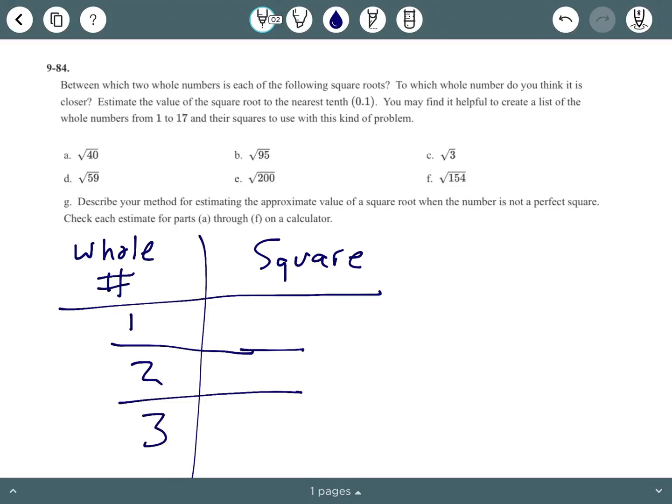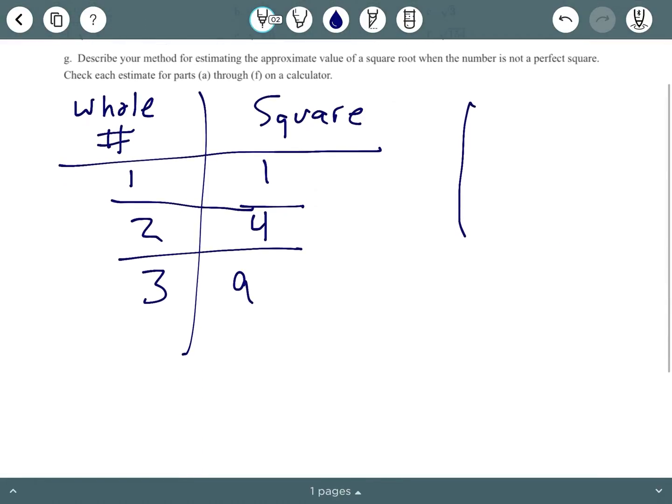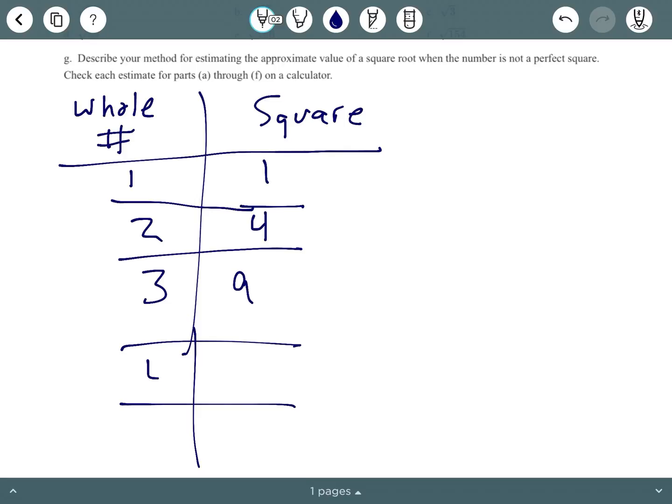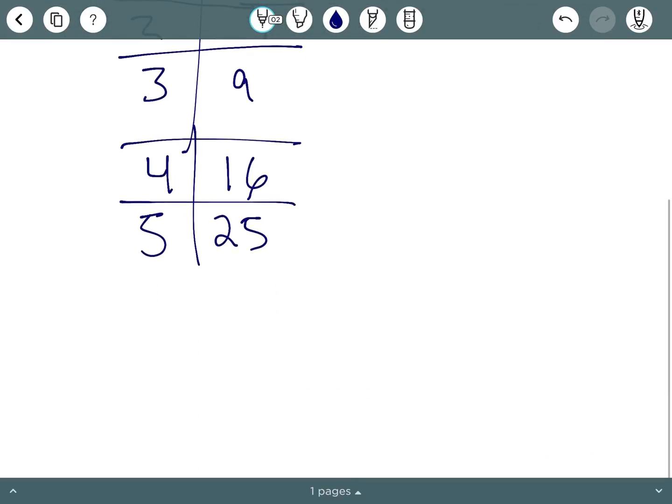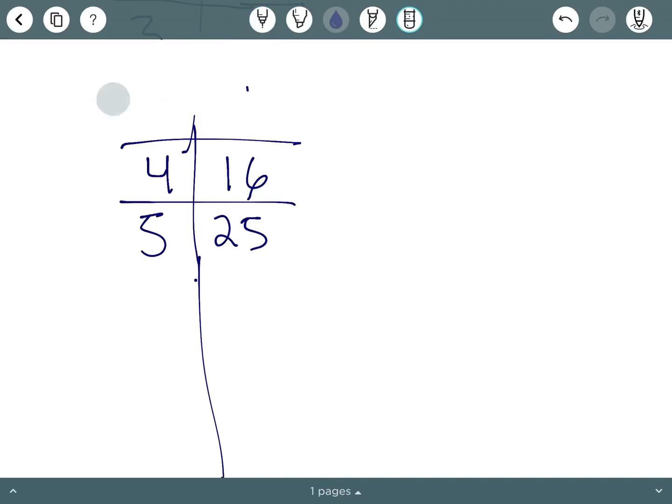So 1 squared is 1, 2 squared is 4, 3 squared is 9, 4 squared is 16, 5 squared is 25, and so on and so forth, all the way up to 17. They're just saying that could be helpful for you with this type of problem.